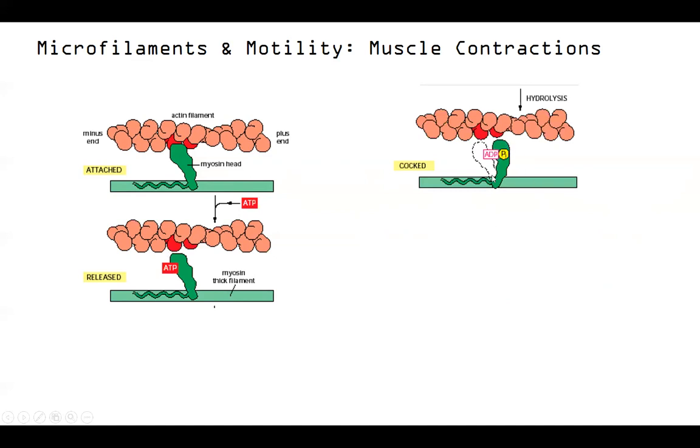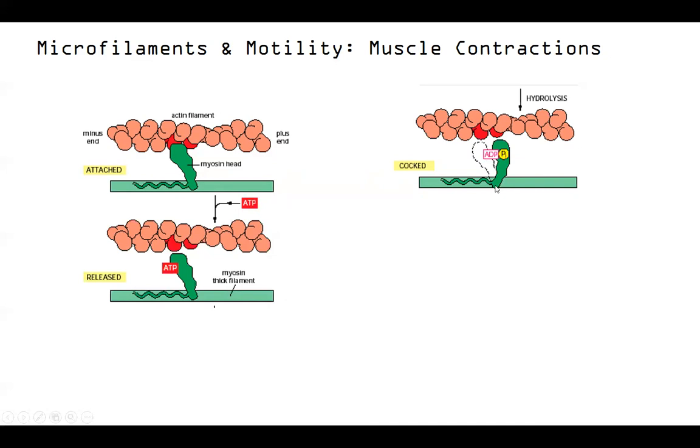In order to move into what we call the cocked state, where we're ready to repeat the motion, we're going to hydrolyze our ATP to ADP. Notice the third phosphate that we've released is still hanging on, but it's no longer attached to the ADP. We are a diphosphate. The third phosphate is separate, but still in myosin's hands.